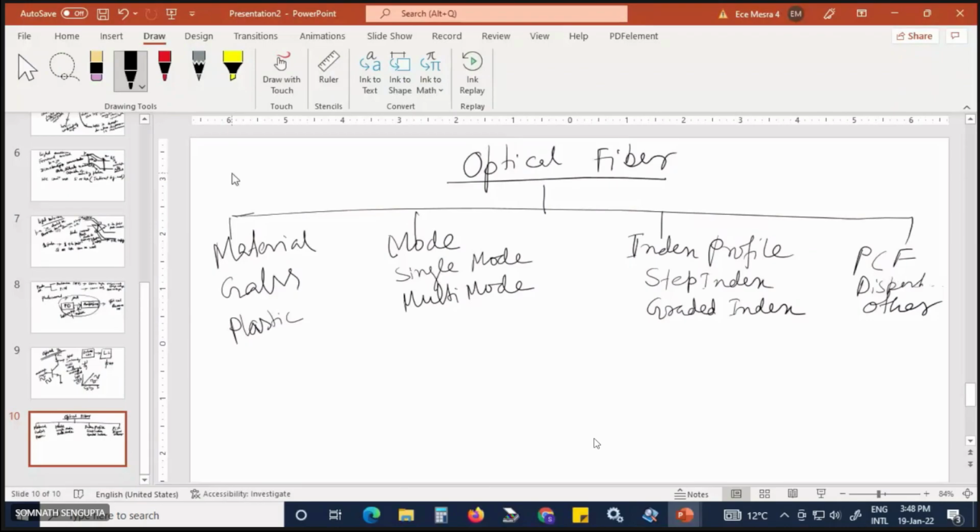Now, what do we mean by glass fiber and plastic fiber? Glass is made from silica, SiO2. Plastic is made from polymer.